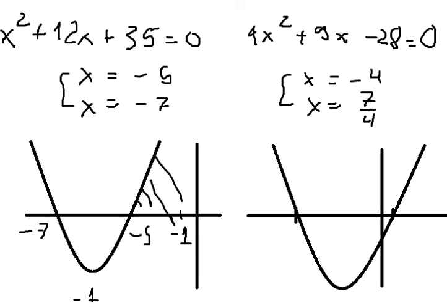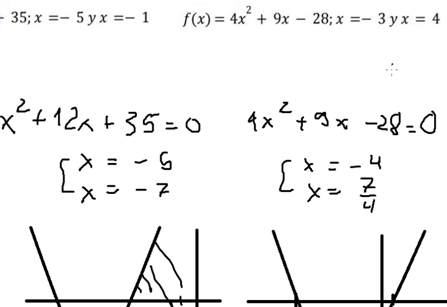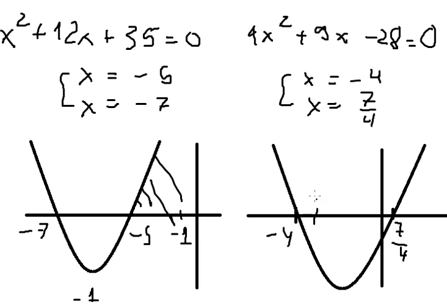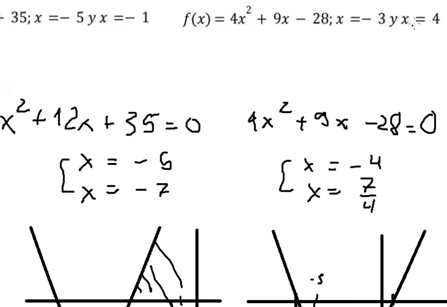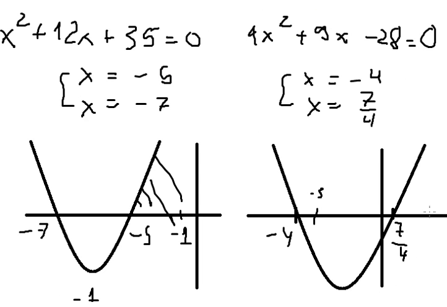So we have negative 4, 7 over 4 in here. But they start from negative 3 and they end at 4 in here. So that means the area we need to concentrate on is from here to here, somewhere in here.